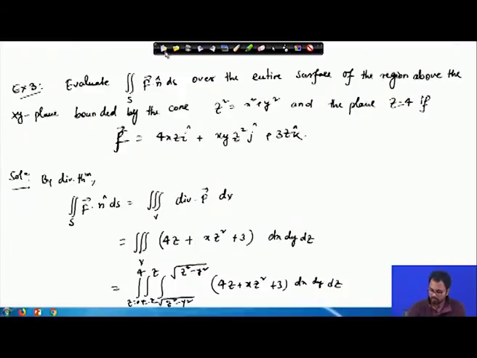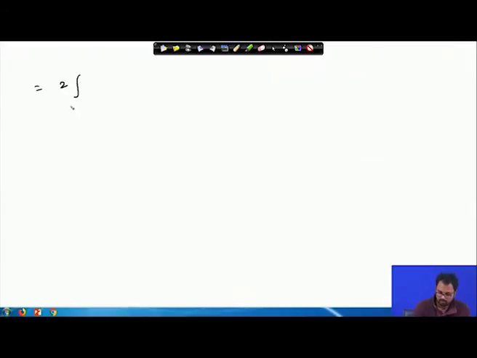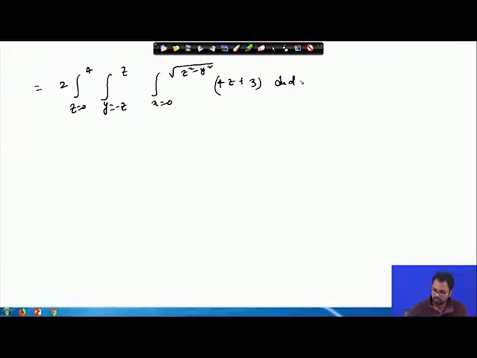So, then in that case this will be 2 times z running from 0 to 4, y running from minus z to plus z, x running from 0 to square root of z square minus y square, of 4z plus 3 dx dy dz.